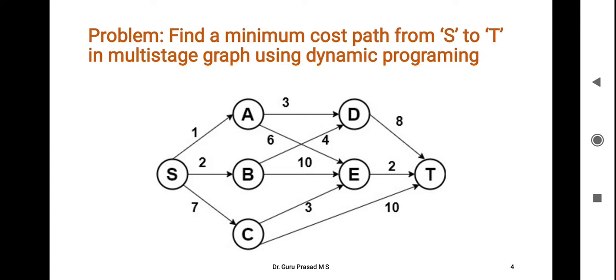Problem: find a minimum cost path from S to T in multi-stage graph using dynamic programming. To find the shortest path from S to T, we use equation 1. From the vertex S, there are three outgoing edges. In that you have to choose the minimum.